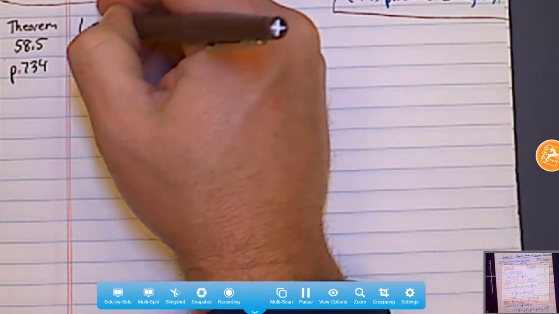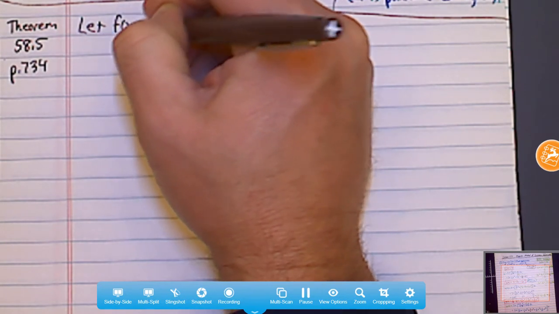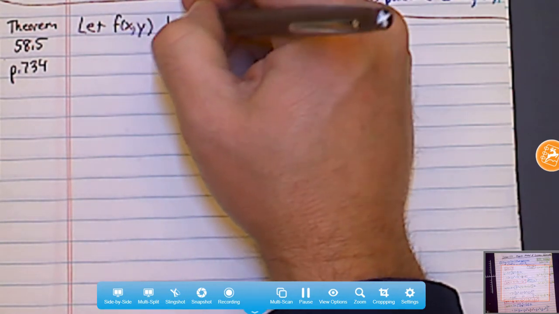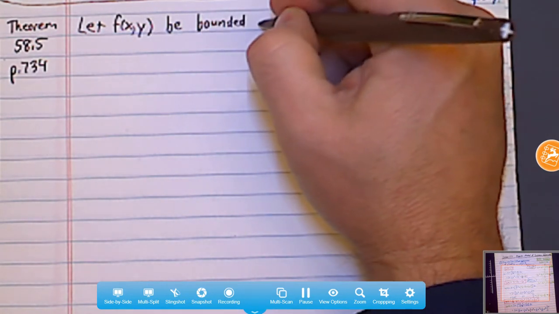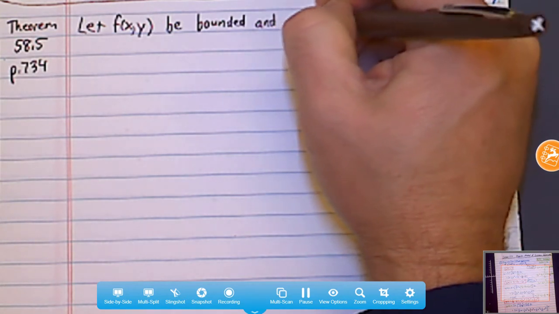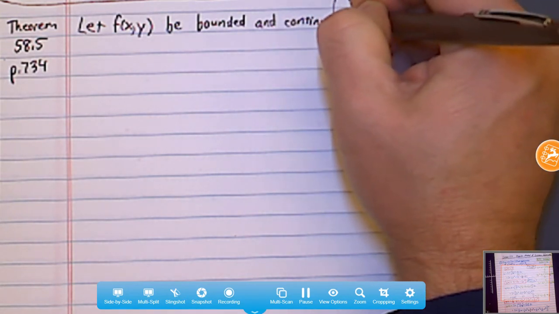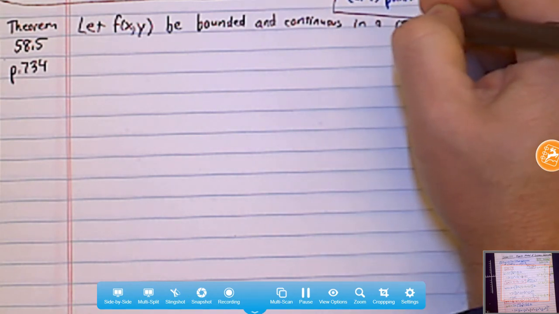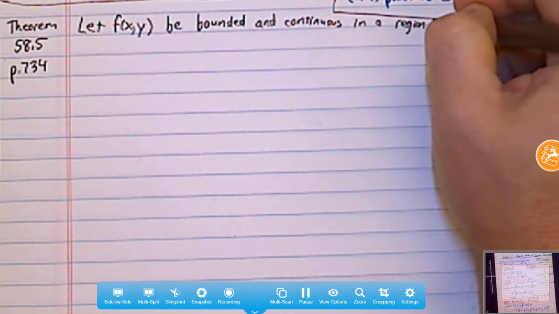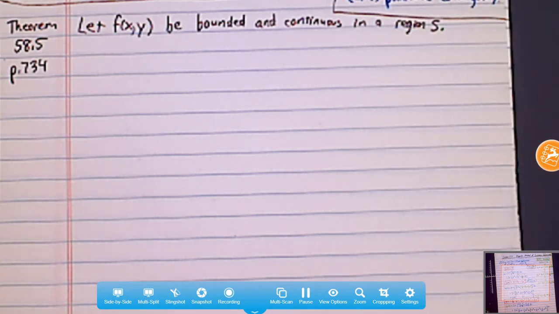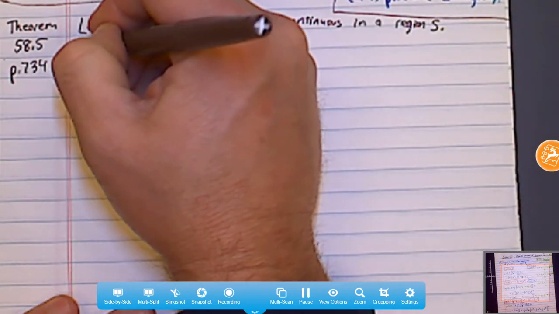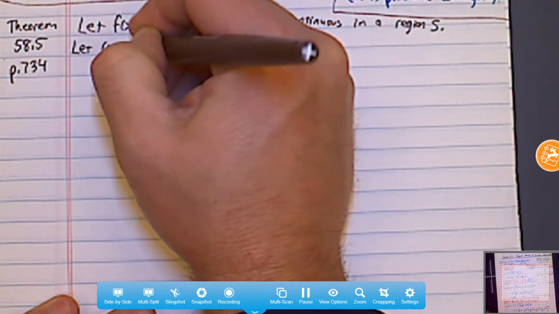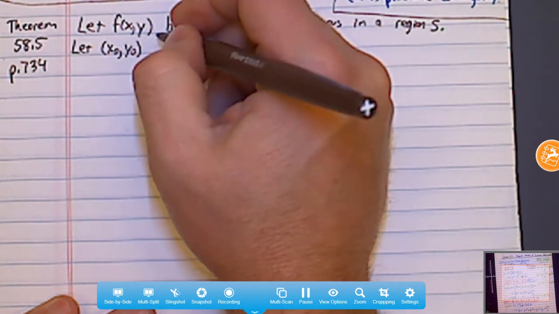Let f of x, y be bounded and continuous in a region S. Let x naught, y naught, if I write this, do you guys know what this means?